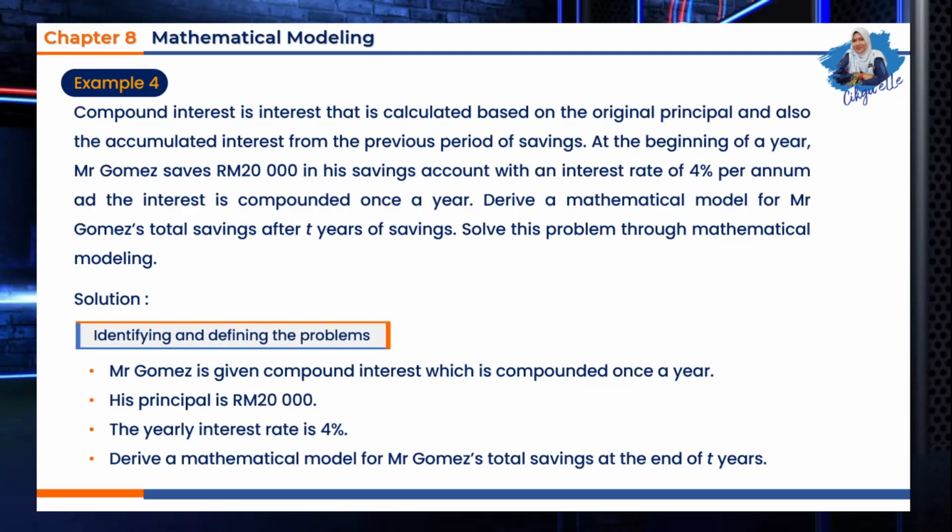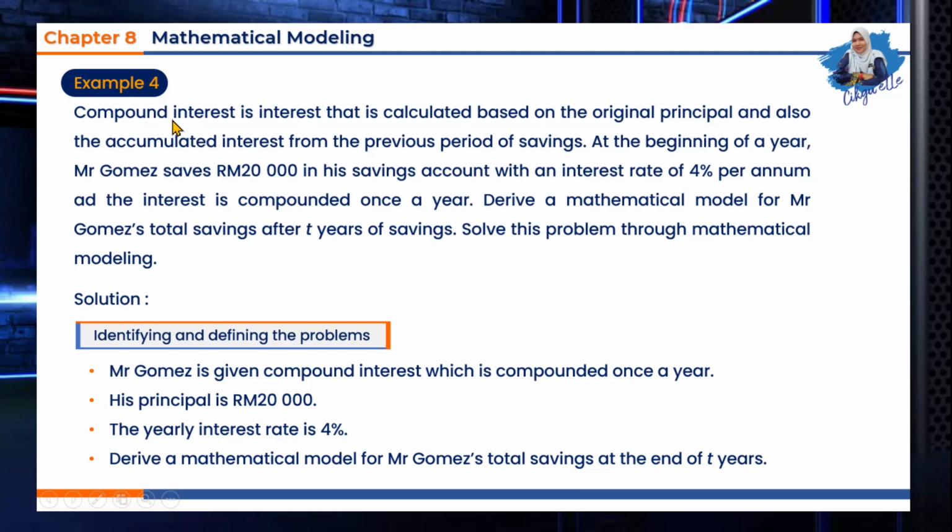Now we go to another example. Example 4 is about the exponential function, compound interest. Based on example 4, compound interest is interest that is calculated based on the original principal. This one you have learned in Form 3 about savings.